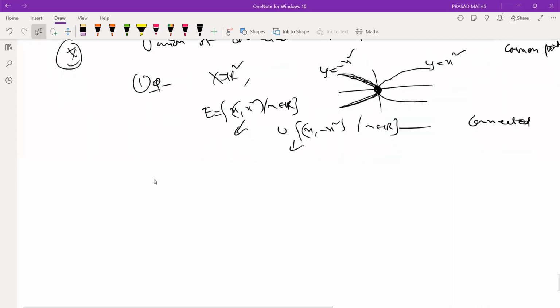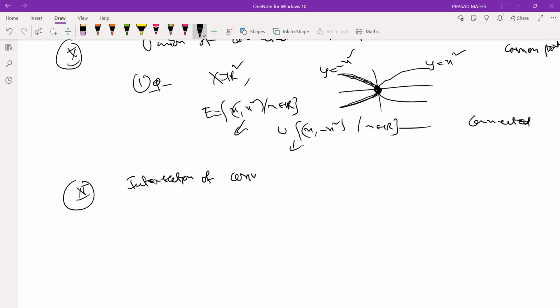Right, what about the intersection? The intersection of connected sets may not be connected. Why? Suppose you take A equals R square minus the point (0, 0).